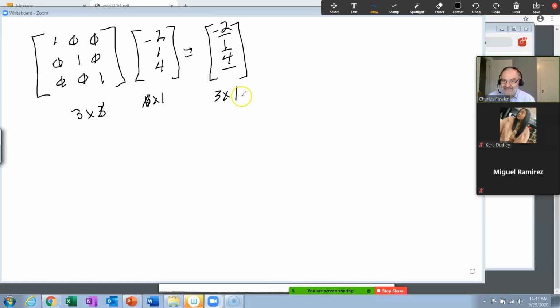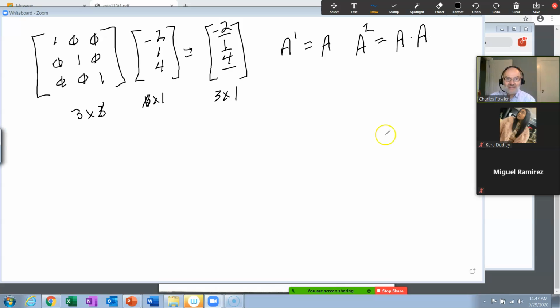So this has nothing to do with what we were just doing, but it's this. So if you had A to the first power, that's just matrix A. If you had A squared, that means matrix A multiplied by matrix A. Now, most of the time you can't just do any old matrices, but if these are square matrices, same number of rows and columns, then yes, you can multiply them.